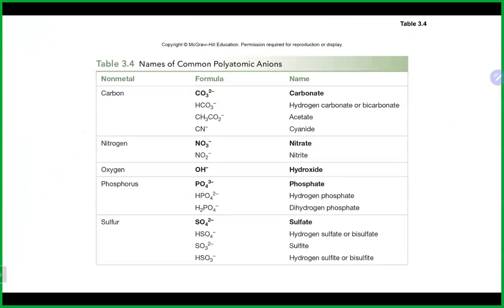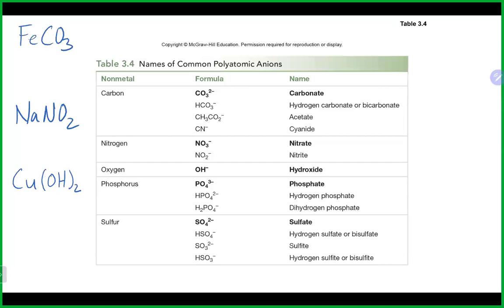So let's take a look at one. Well, this is another chart as well. So why don't we do a few here? What would be the name of that one?